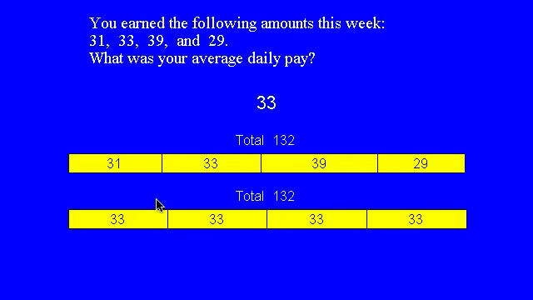So if you wanted to earn the same total in the same 4-day period, but do it more evenly, if you divide the total by 4, you would get 33. So if you earn $33 per day, you would have earned the same total. So averages are a way of evening things out.